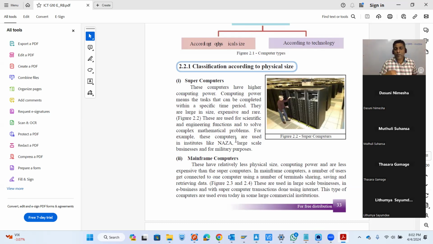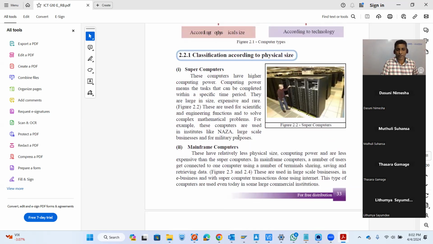So we need to get very quick decisions. So you need very high computing power, right? For that, they use supercomputers. Those are unbelievably fast, right? Supercomputers are very large in size. So remember this image, right? So that's the one classification.